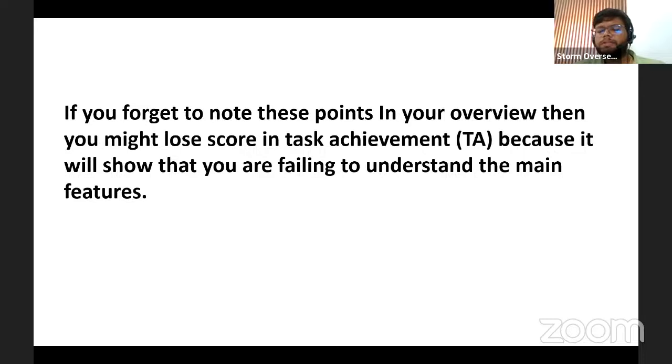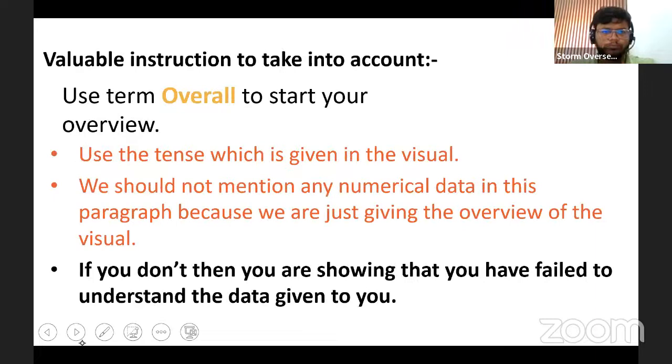By doing this, you could lose your score in task achievement, because task achievement basically focuses on the understanding and analyzing of your task, whatever the visual is given to you. These instructions should be taken into account when you write your task overview.